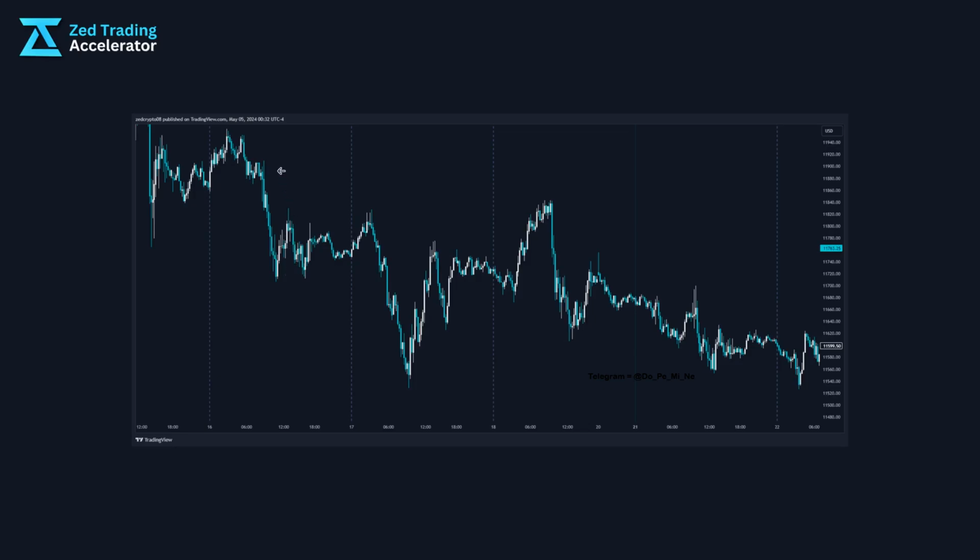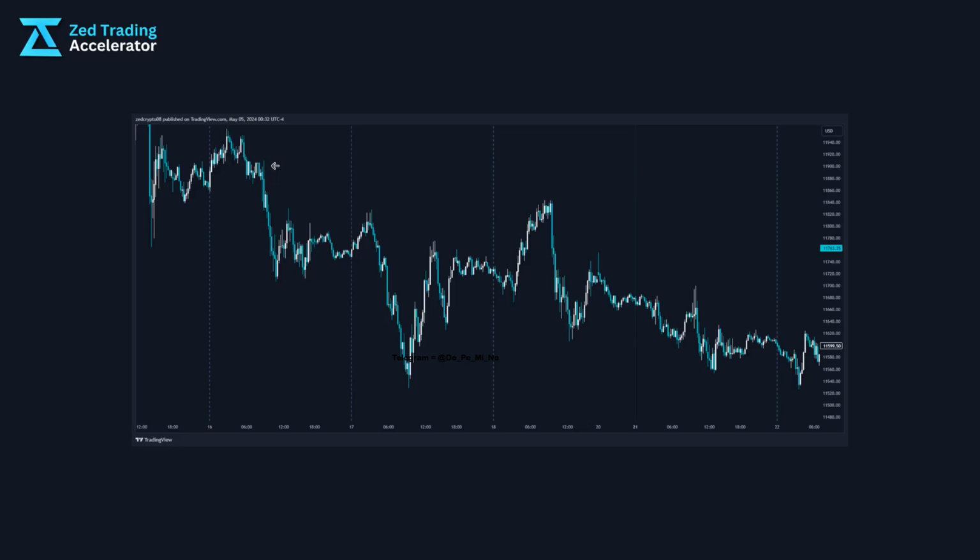If you look closely, we created the high of the day at the London kill zone, right after taking out that buy-side liquidity right here, and then the price went lower. At the New York kill zone, the same thing happened. We have here equal highs right here.